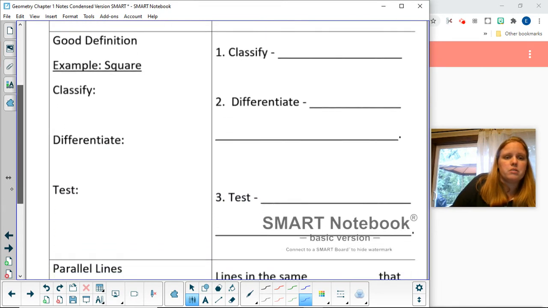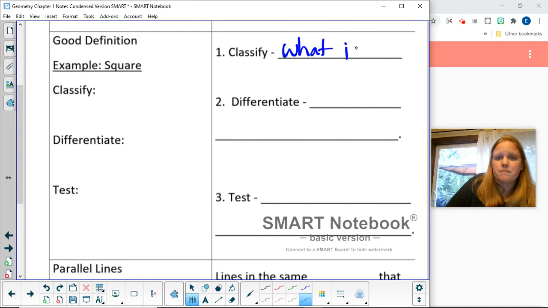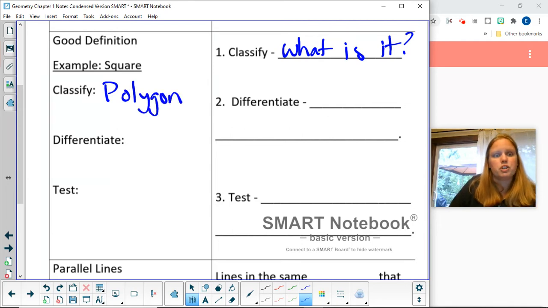Okay, here are the 3 steps for making a good definition. So we're going to use that square definition as an example again. The first thing is you want to classify. You want to say, what is it? So to be a square, it has to be a polygon, which is a fancy word for shape. The second step we want to do is to differentiate it.